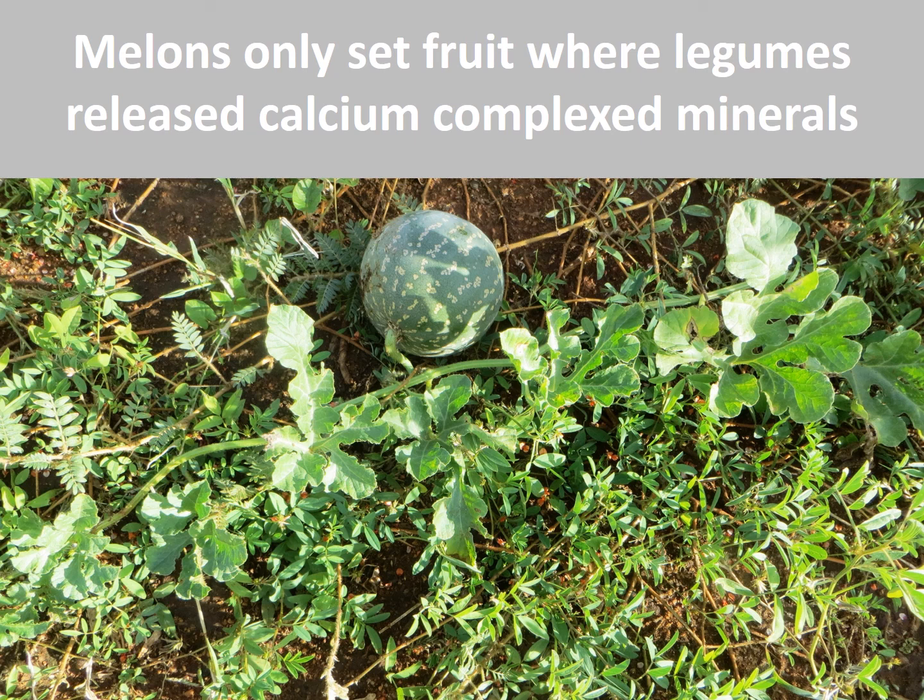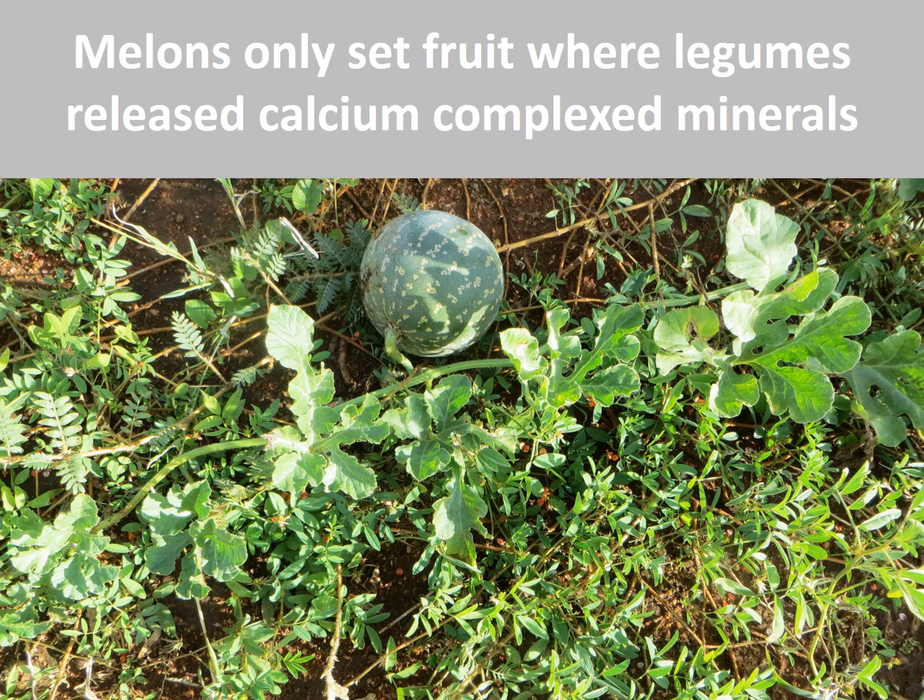And until you do that, you can't get cell division to happen in fruiting plants like this wild watermelon. What it takes for cell division to occur in a fruit is calcium and amino acids.